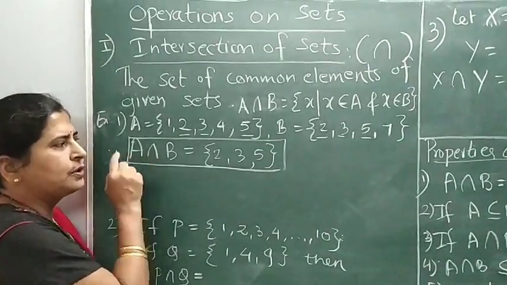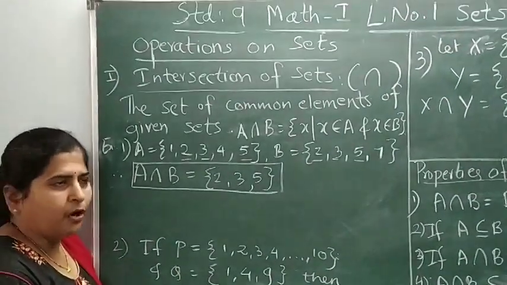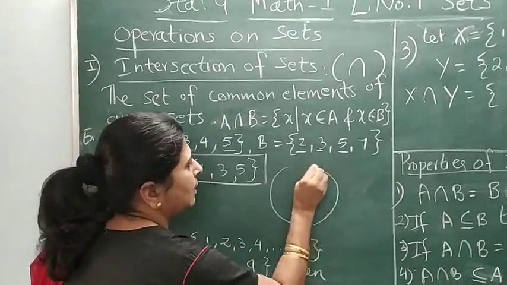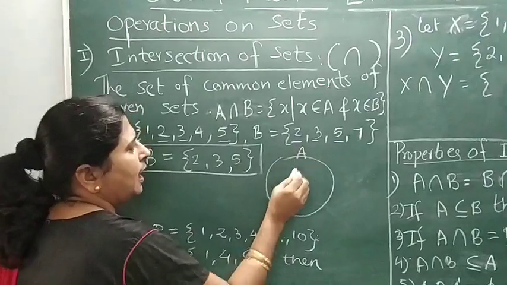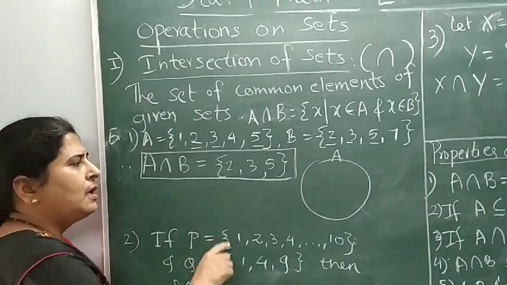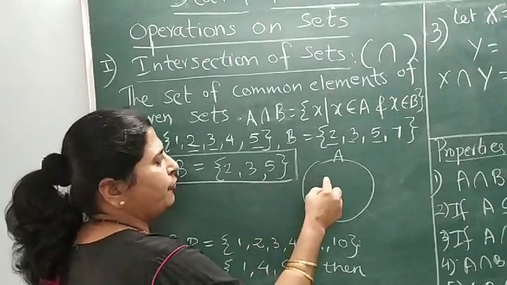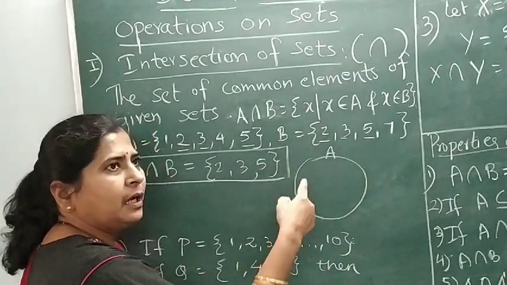Now if we want to show this using a Venn diagram, how can we show it? Suppose I am showing this set A by a circle, and set B by another circle. Now as we have these 3 elements common, some part of A and some part of B are common.